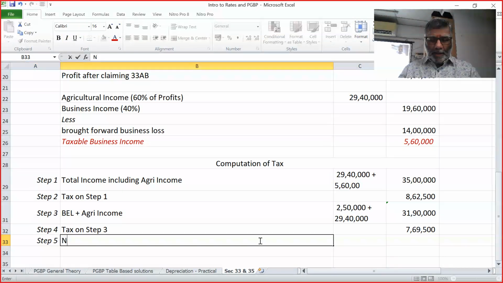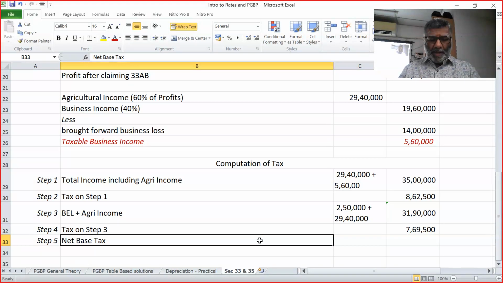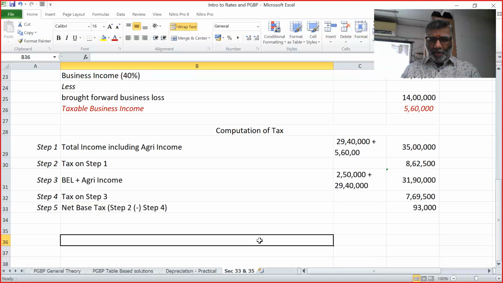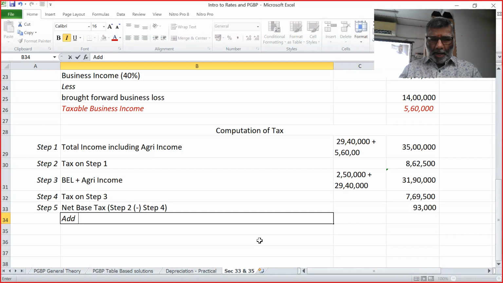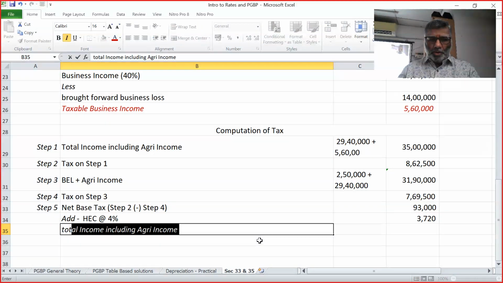Step 5: net base tax, which is nothing but step 2 minus step 4. That is 93,000, and HEC at the rate of 4%. Total tax payable.